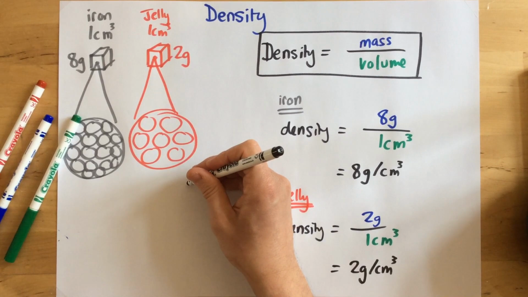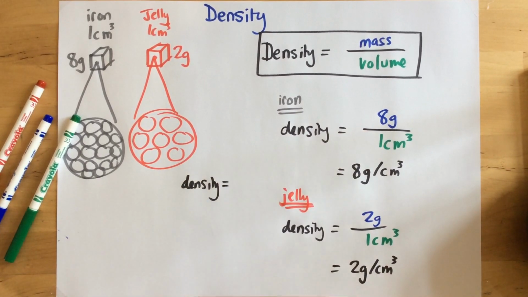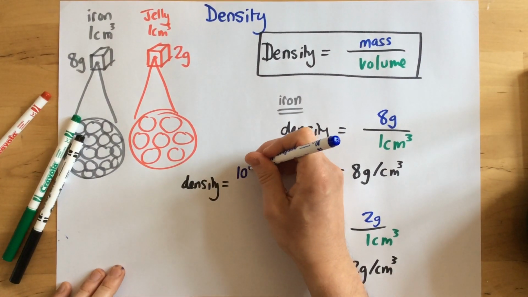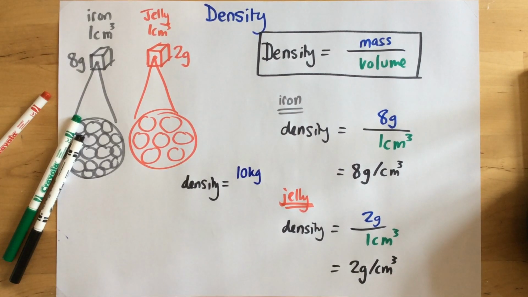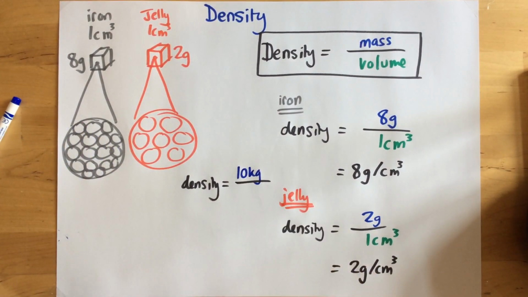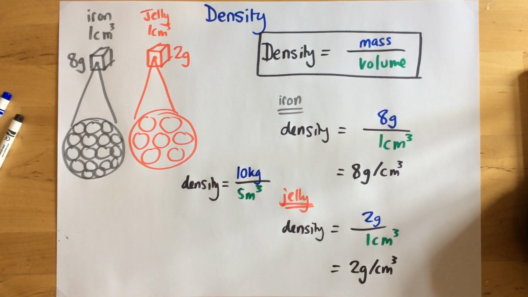Right, I just want to quickly show you a slightly different example in case we had a different object. So let's imagine we had an object that had a mass of 10 kilograms, and let's say it had a volume of 5 metres cubed.